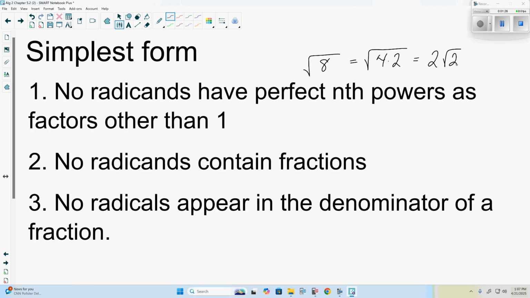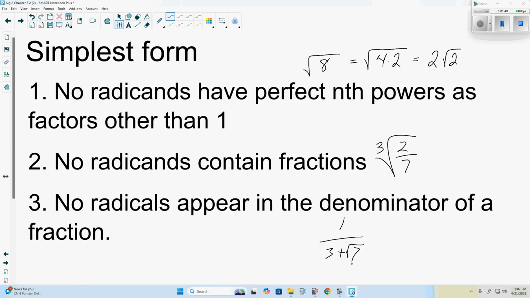No radicals can contain fractions. We can't leave it as the cubed root of 2/7. We cannot have a fraction inside the radical. And lastly, radicals cannot appear in the denominator. We can't leave something as 1 over 3 plus square root of 7.